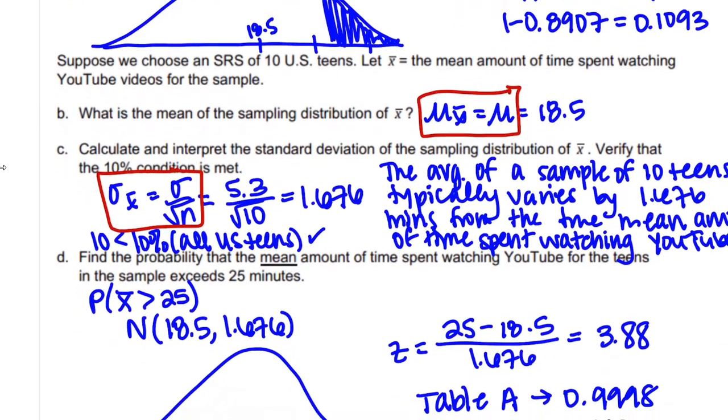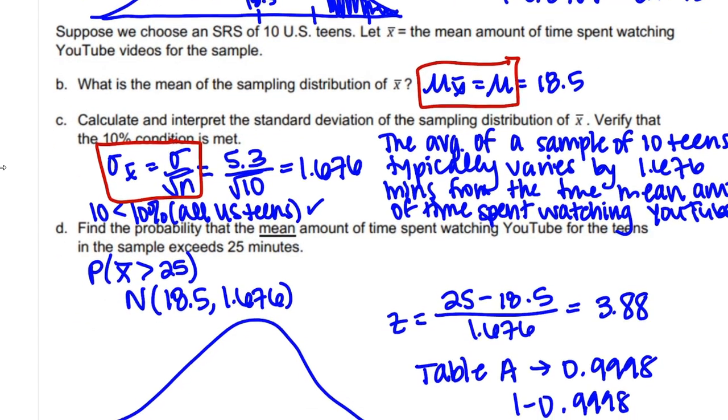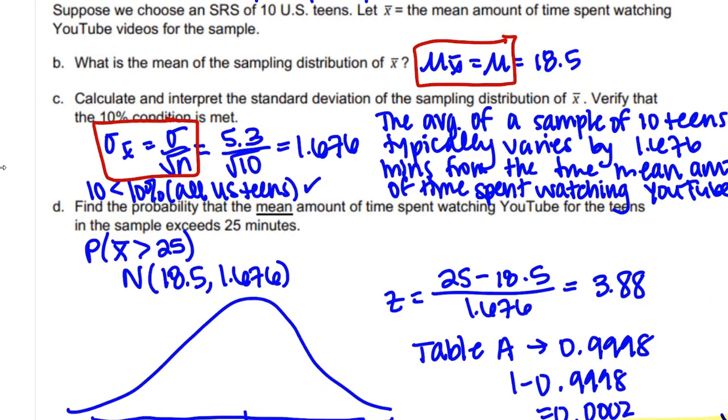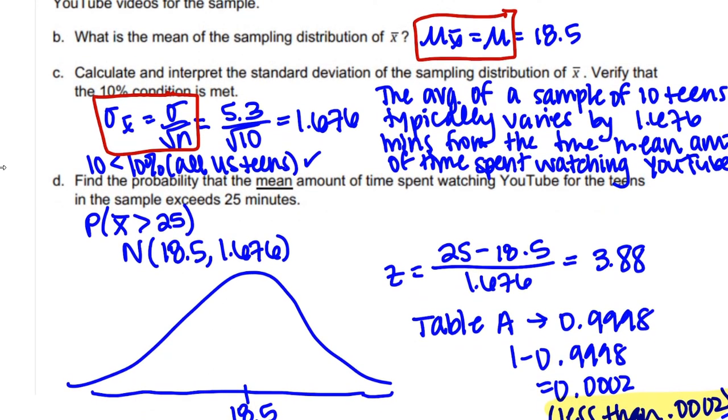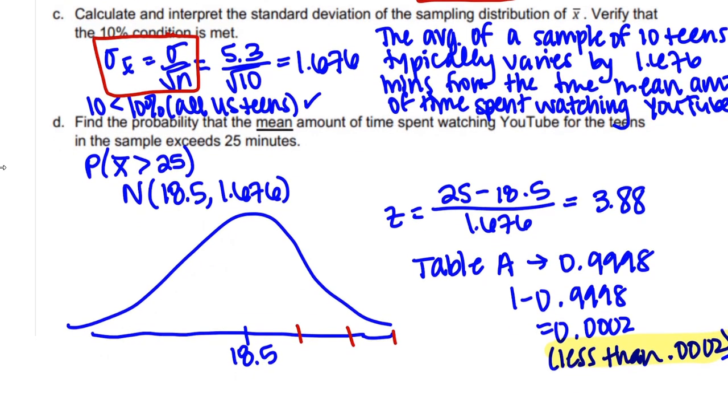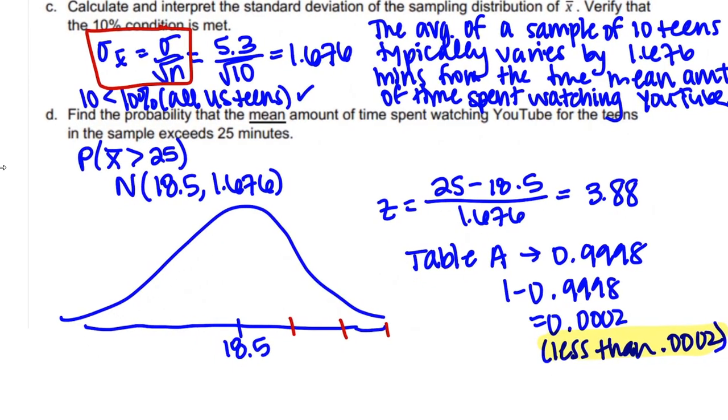With letter D, we're using what we found in B and C. And so one interesting thing happens. I got a z-score of 3.88, which, first of all, if I try to draw that on my picture, that's way too high. I can't even put it on there or shade at all. And second of all, on table A, what you'll notice is that you don't get the highest number.